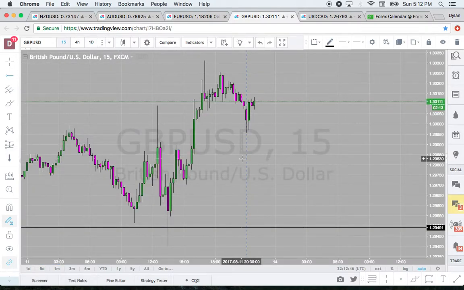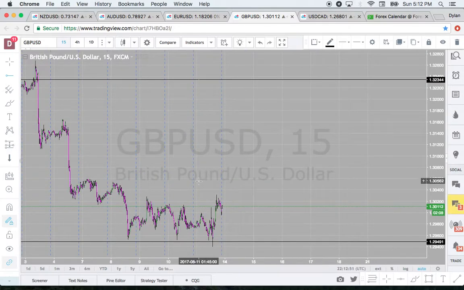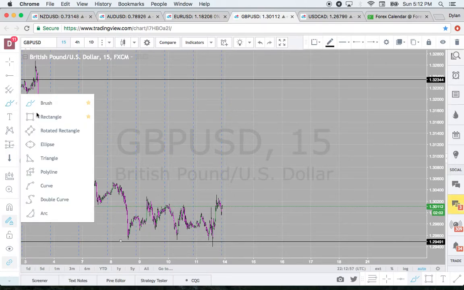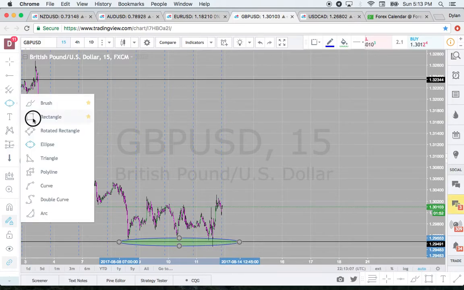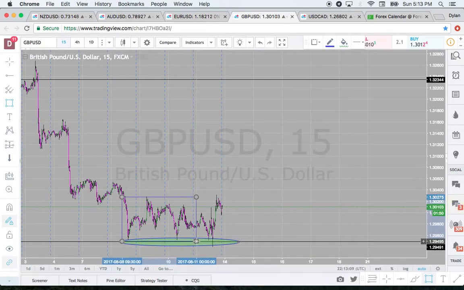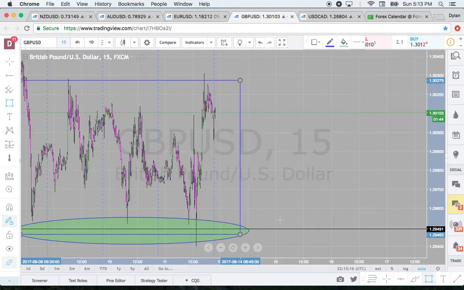Let's go to the 15-minute chart just to look at the highs and the lows. And we can see the lows, the low is not being broken. It's being respected very nicely. And now there's a zone here.